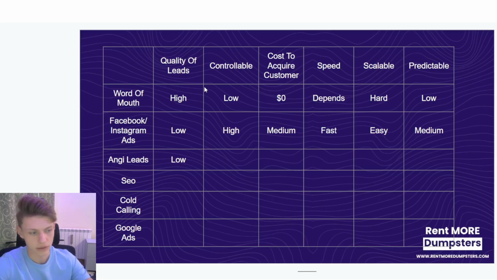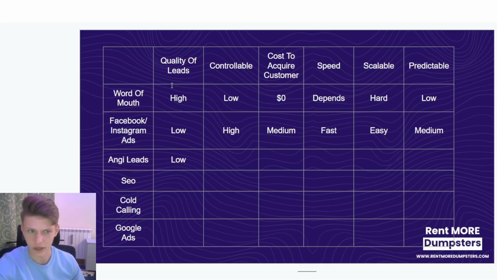So that lead you're going to buy from Angi Leads has probably been called like 10 times by other competitors. So it's pretty hard to close those type of leads.